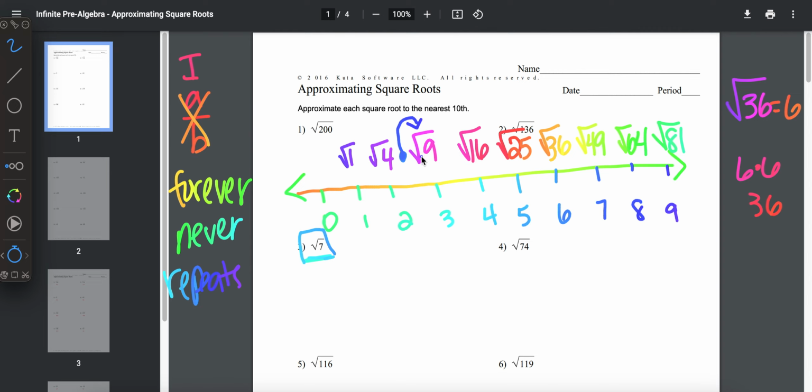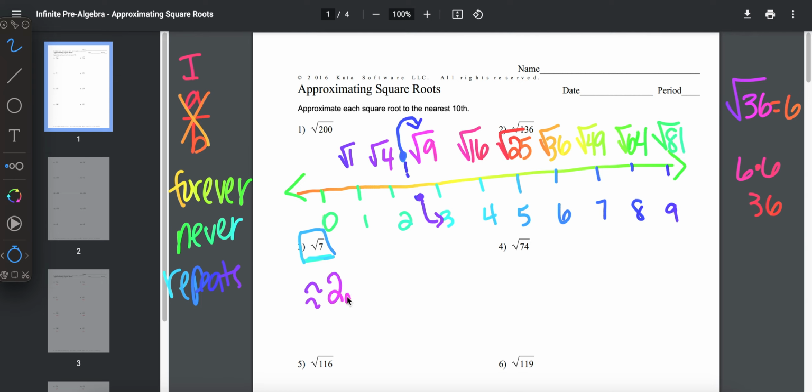So which means that square root of 7, if we look down here, is closer to 9, but it's in between the whole numbers 2 and 3, because square root of 4 represents 2, square root of 9 represents 3. But since it's closer to square root of 9, that means it's closer to 3. So we can approximate it, and I'm going to say it's closer to 3.